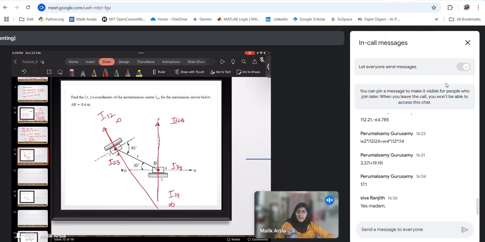If somebody gets it, please tell me. Okay, one. This is what, the coordinates, or this is the length PV?